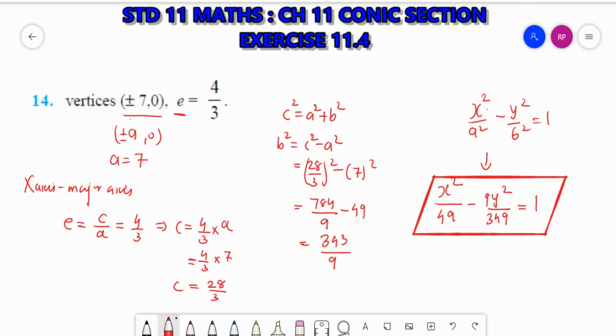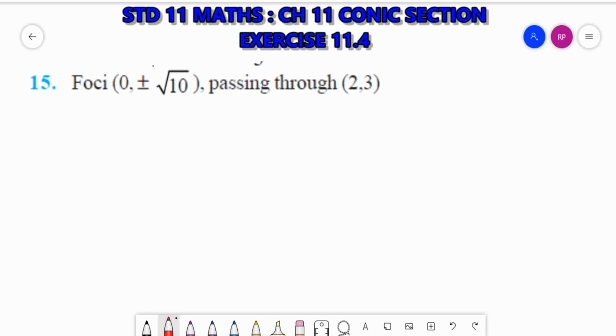Now, let's move to the last question of this exercise. Question number 15, you have to find out the equation of hyperbola whose foci is 0, plus minus root 10. So comparing it with 0, plus minus c, I will get c is equal to root 10.